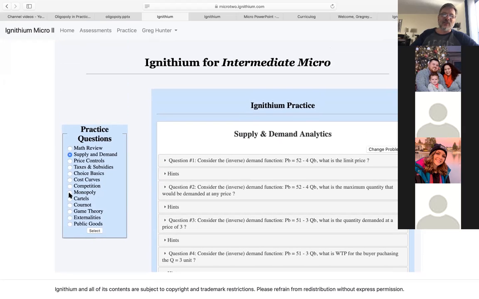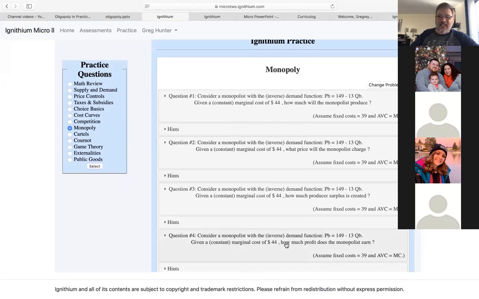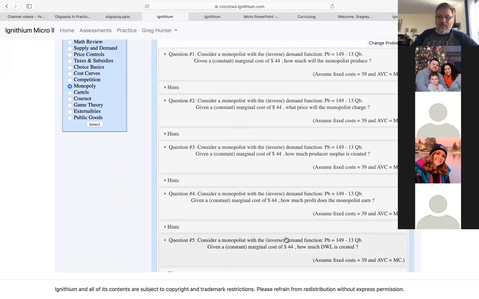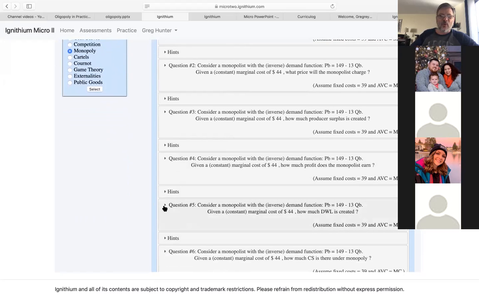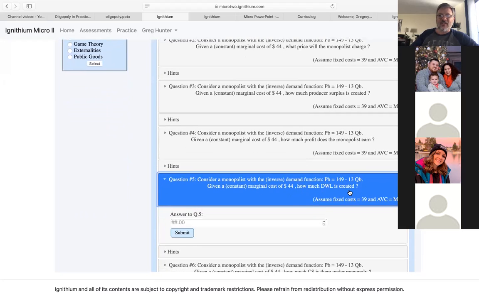So there is a little bit you'll see later. If I do the Monopoly one, if we get down to question number 5, how much deadweight loss is created? Well, in order to answer that question, you have to find the competitive equilibrium with this information, because it's the difference between the competitive outcome and the monopoly outcome.